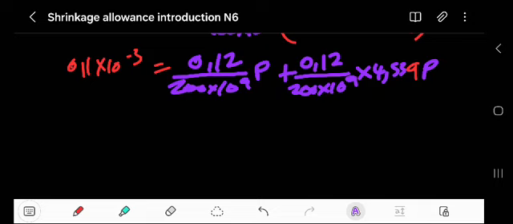Let us take this step further a little bit. It's up to you which method you will take there.